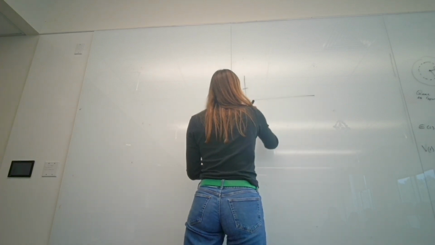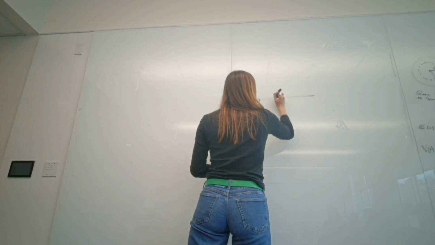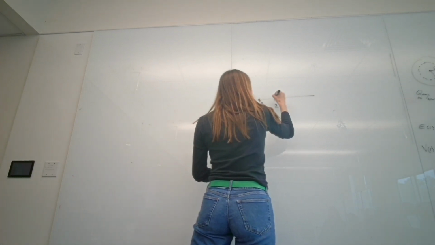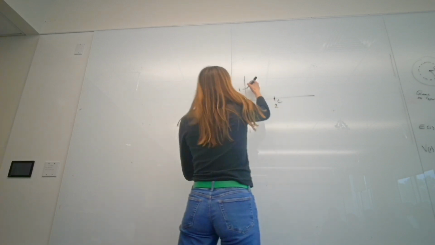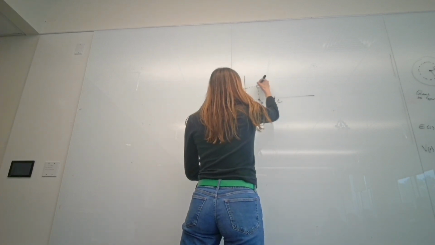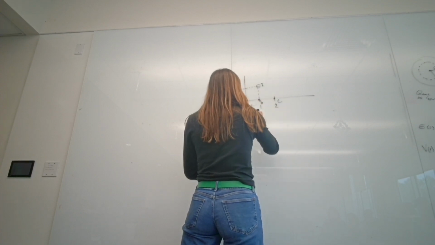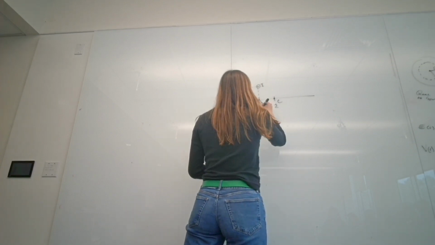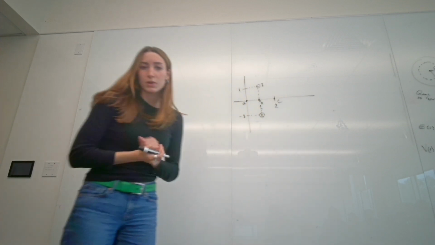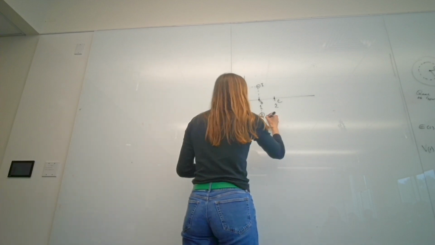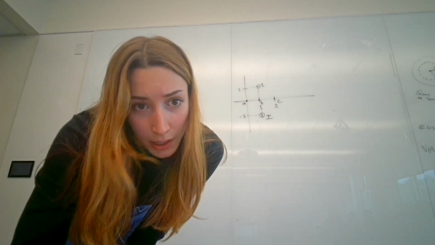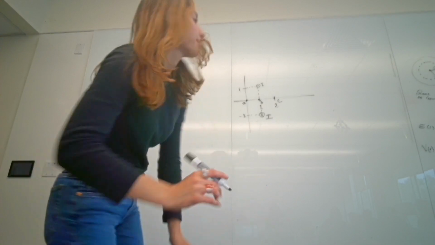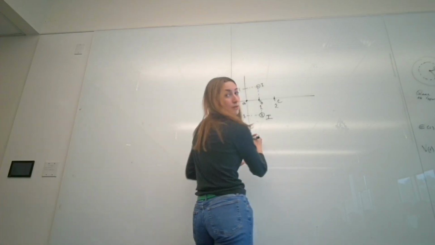We have points 1, 2, A, B, C. Then we have one wire, another wire, with the very same magnitude of current, which is I. And we're asked, what is the net magnetic field B at points A, B, and C in the figure below, if we're given that I is equal to 10 amps.